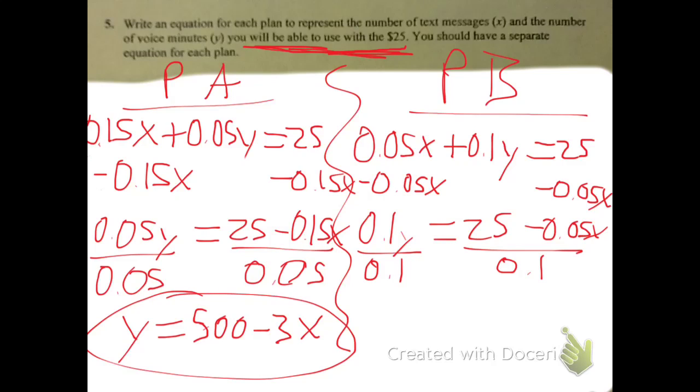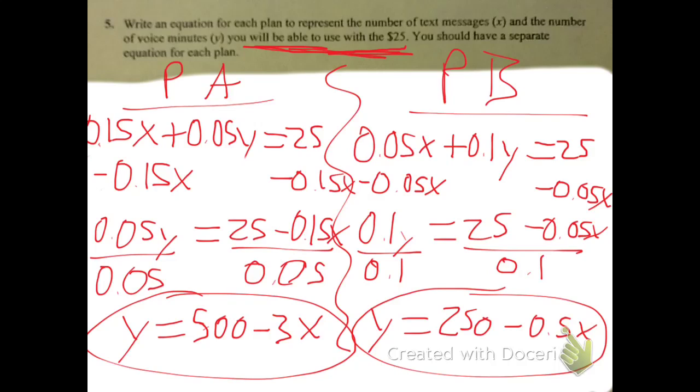And remember, you have to divide each term by 0.1, so take 25, divide by 0.1 to get you 250, and take 0.05 and divide by 0.1 to get 0.5x.